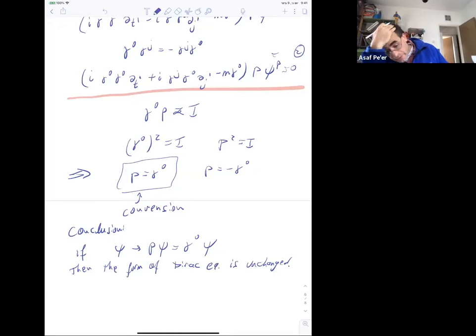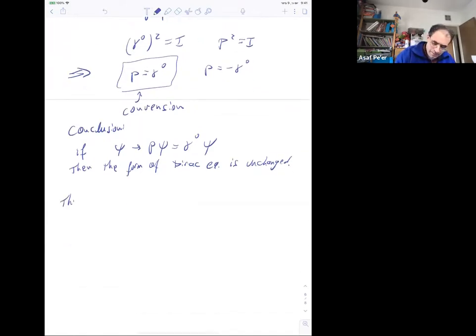So we just got the intrinsic parity of the fundamental particle. It's defined by the action of a parity operator on the spinor of the particle at rest. So the intrinsic parity you obtain by acting with P on a particle at rest.